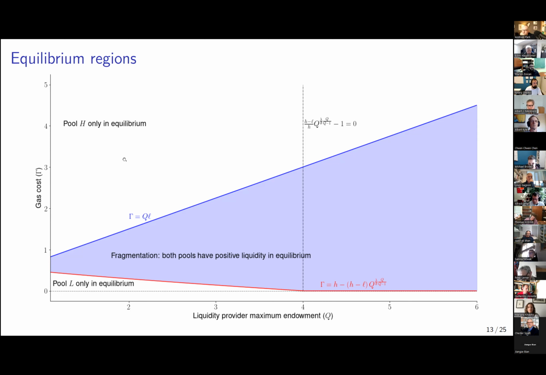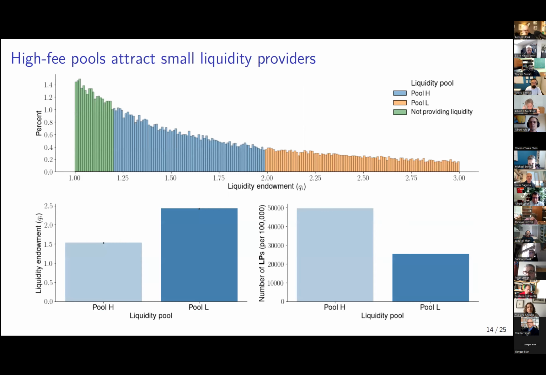For very large gas costs, if rebalancing is very expensive, then everybody will go to the high fee pool just to collect the higher fee to allow them to cover their costs. For any value in between, you basically have fragmentation. Some liquidity providers will go to the low fee pool, some will go to the high fee pool, and they will sort themselves out.